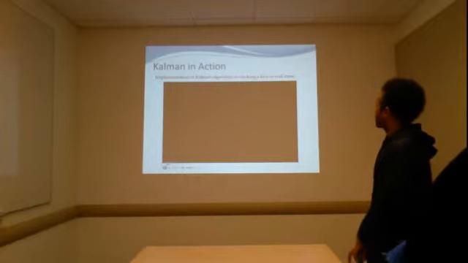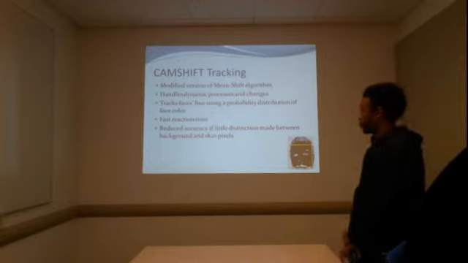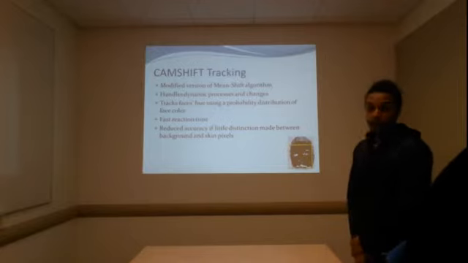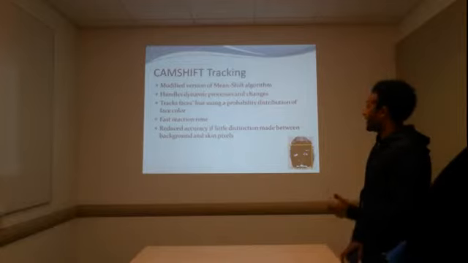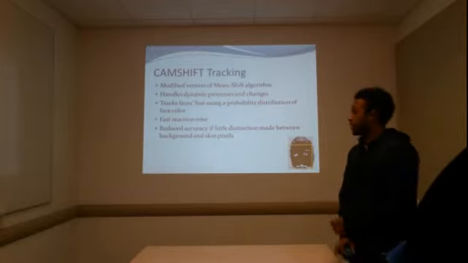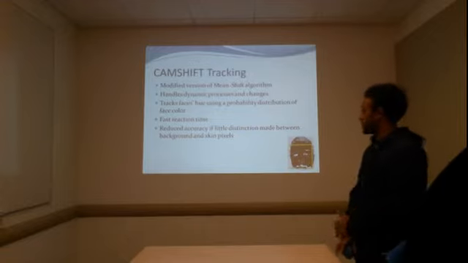After Kalman, we are going to move on to the CamShift algorithm for tracking. Now the CamShift algorithm is a modified version of the mean-shift algorithm. It handles dynamic processes and changes, unlike the mean-shift algorithm, which only handled static processes.